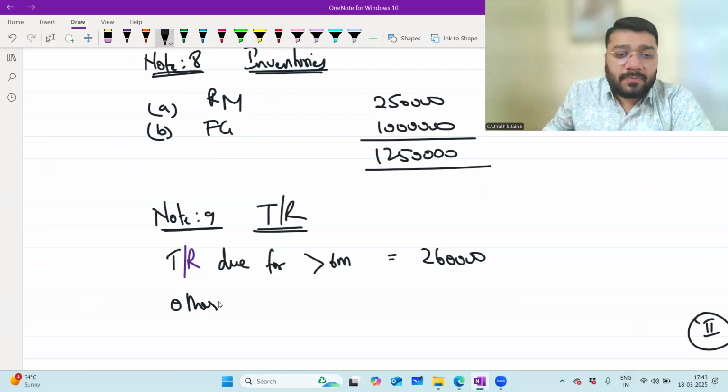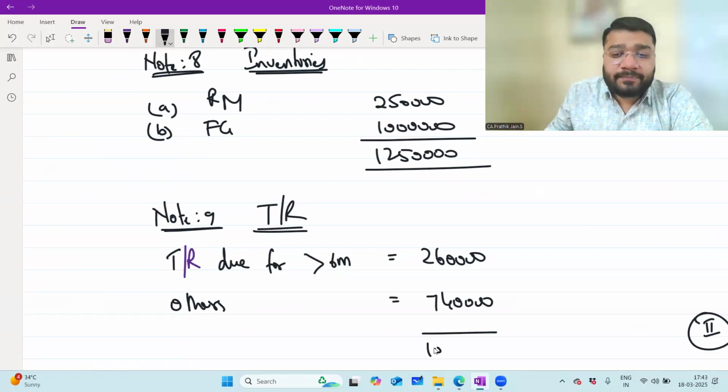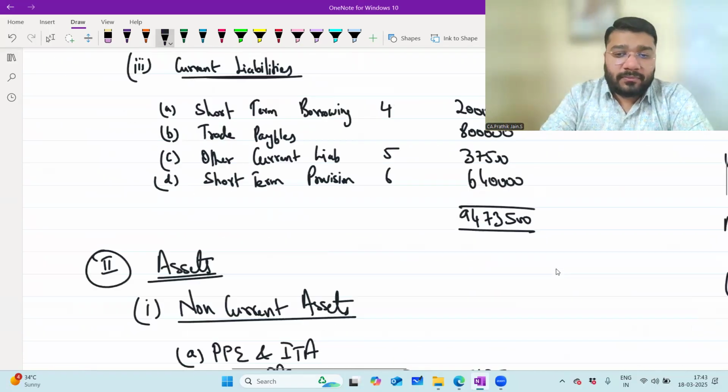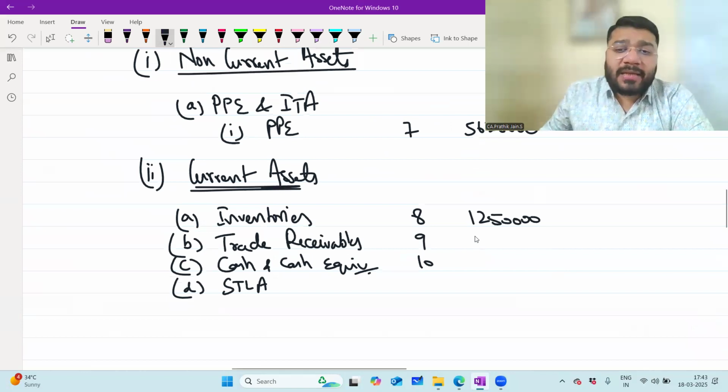Others, how much? 7,40,000. Total how much? 10 lakhs. As a chartered accountant, you have to ensure the disclosure requirements are properly met.